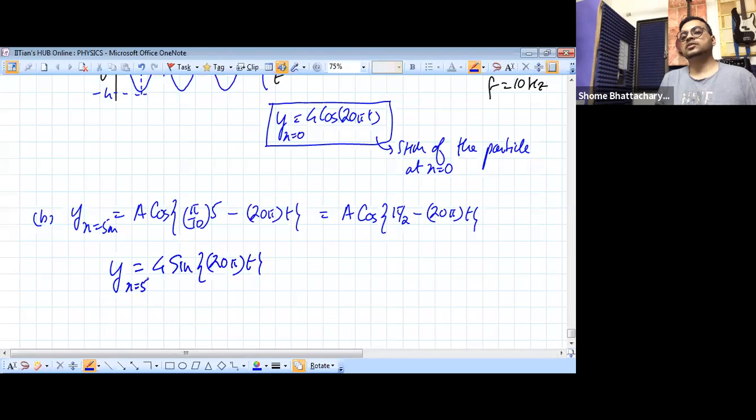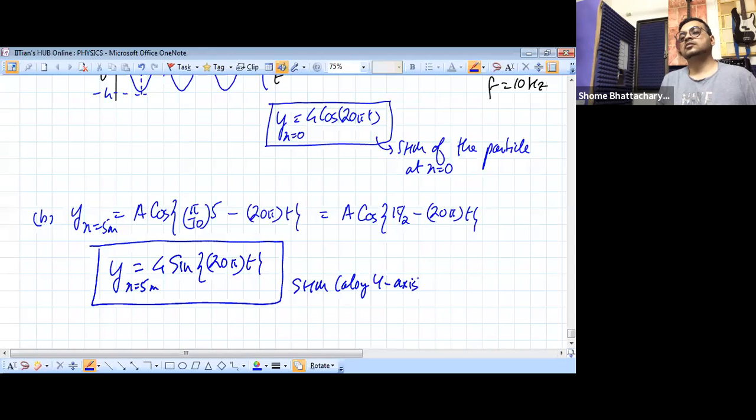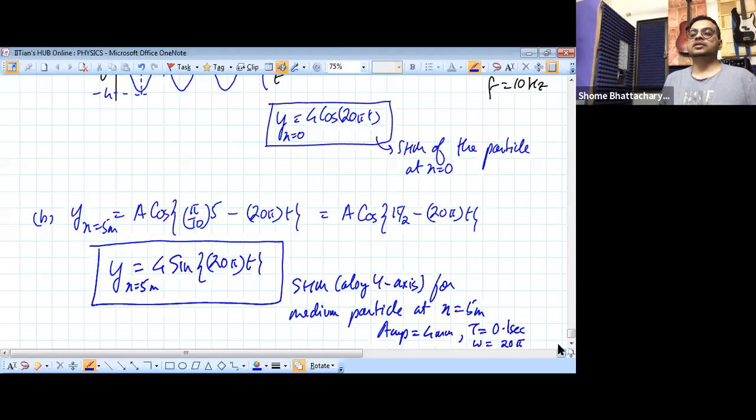So this is the equation of SHM. This is SHM along the y-axis for the medium particle at x equal to 5 meters. It has an amplitude of 4 millimeters and again a time period of 0.1 seconds, or omega equal to 20 pi.